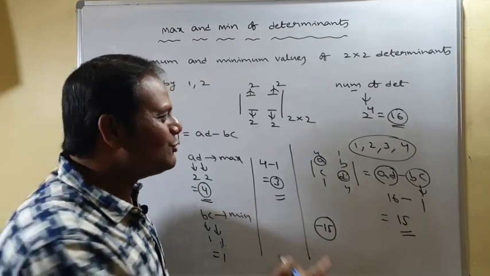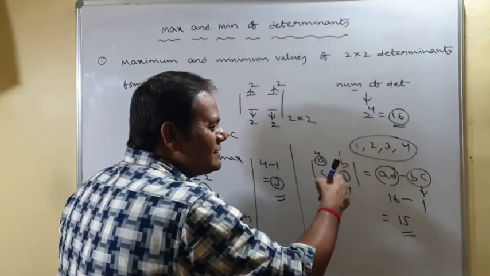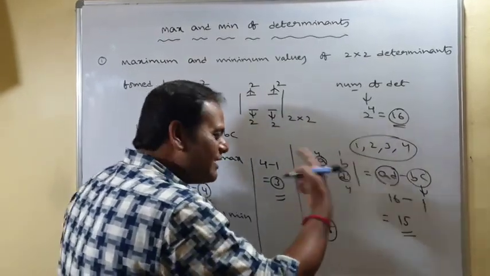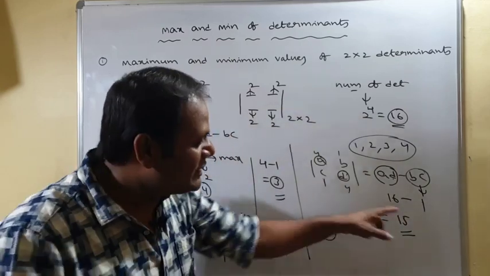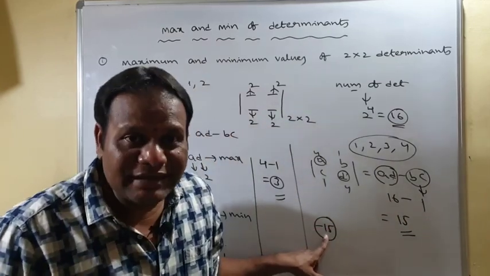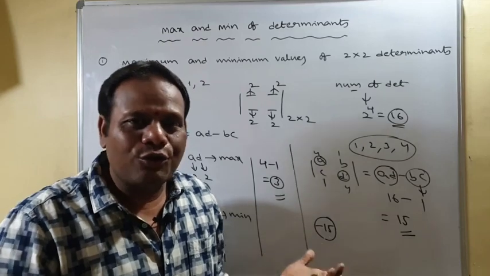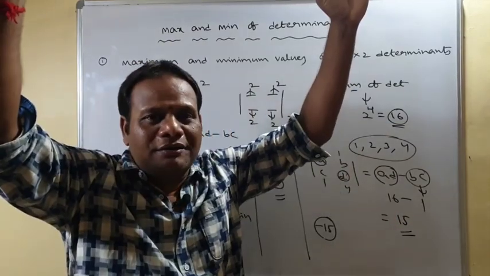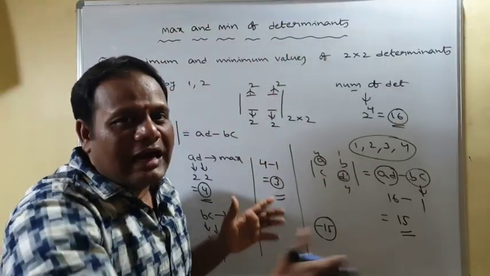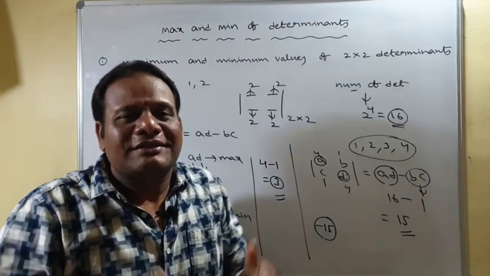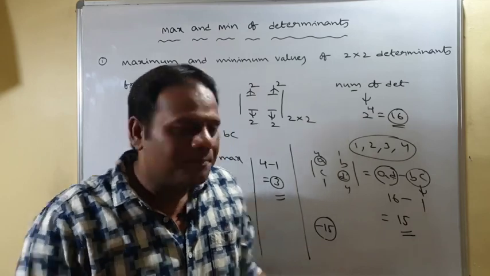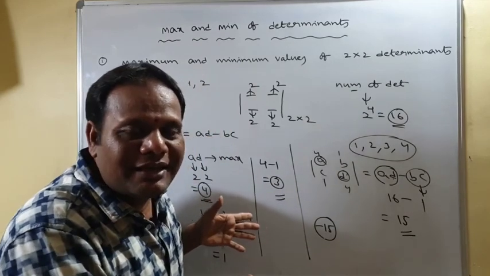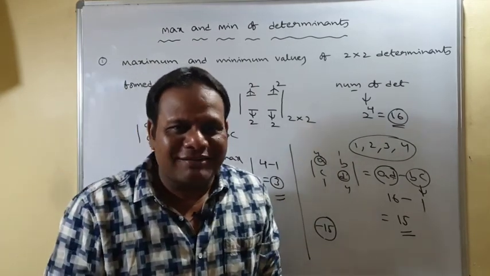So if you interchange these two rows, you can get a determinant value of minus 15. So no doubt at all, if 15 is the greatest number in the obtained determinants, then definitely minus 15 will be the least determinant.